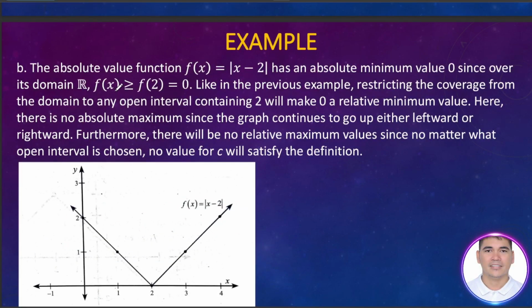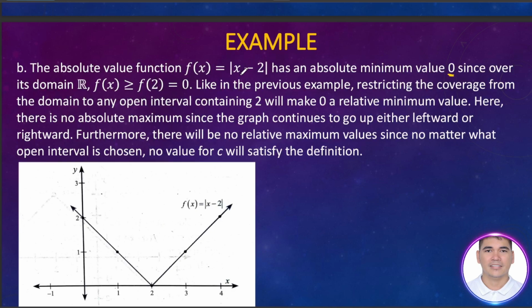Now we have B. The absolute value function, f of x equals the absolute value of x minus 2, has an absolute minimum value of 0 over its domain of real numbers. So here we have the absolute minimum value, which is 0. f of x is greater than or equal to f of 2, which is equal to 0.